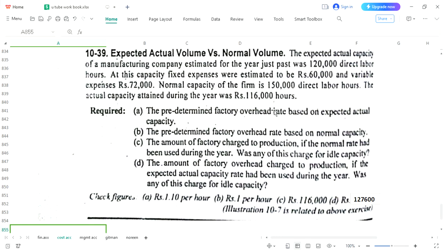You can see in the last 3-4 questions we have seen, there are two different types of capacities given in the question: expected capacity and normal capacity.